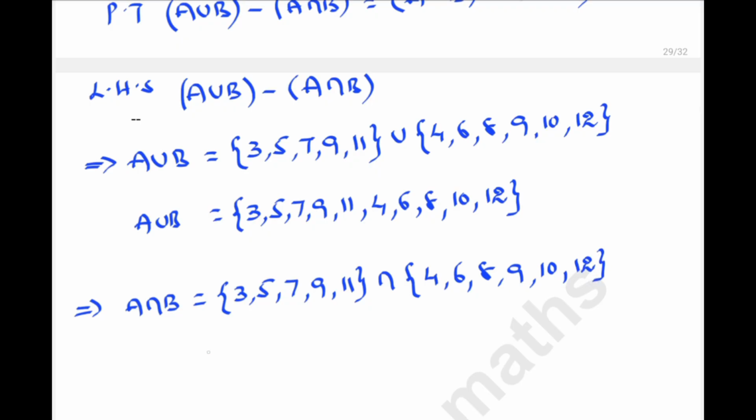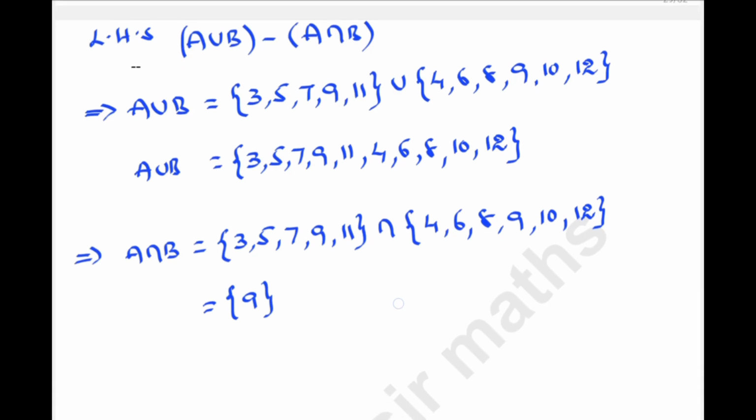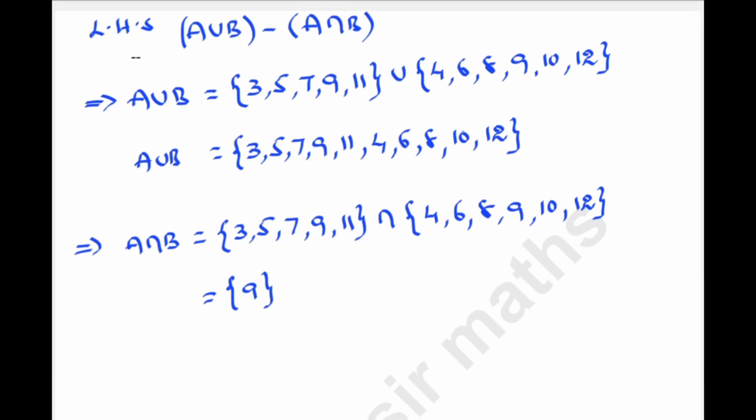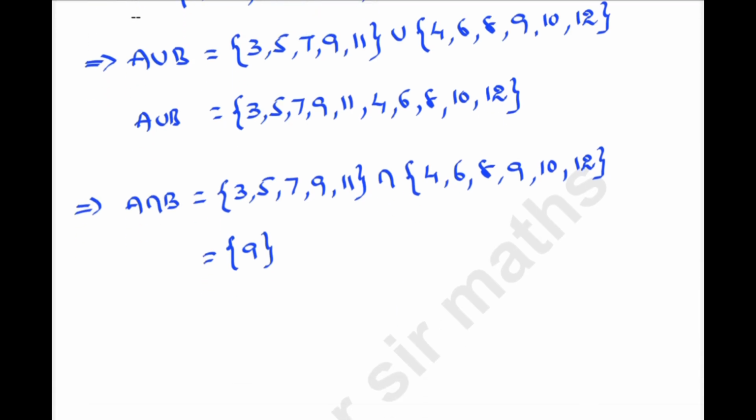Here we have to write the common elements of both A and B. So what is the common there? 3, we don't have 3 here. 5, no. 7, no. 9. So only one element is common in both A and B, and that is 9.